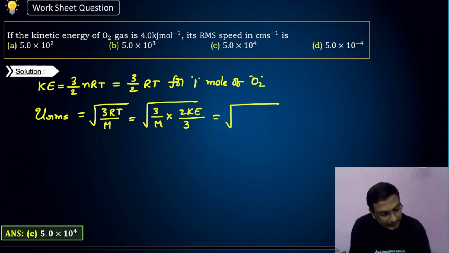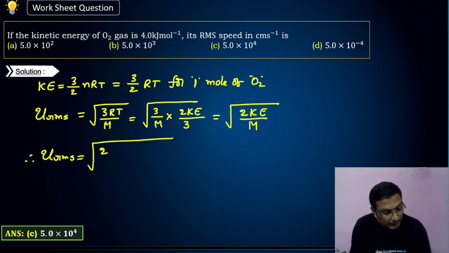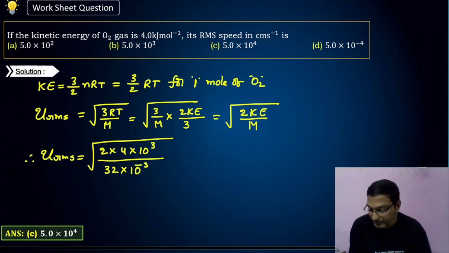Therefore, root 3 cancel 2 KE by M. So kinetic, and therefore URMS equal to root 2 into kinetic energy 4 kilojoules, that means 4 into 10 cube joules, by molecular weight of O2 32 grams, that is 32 into 10 power minus 3 kg.